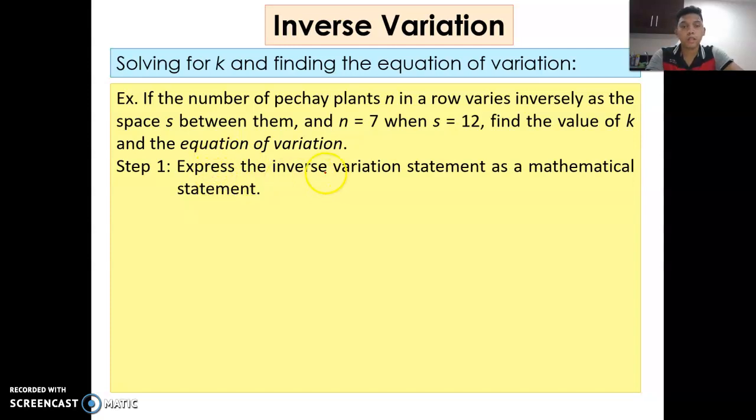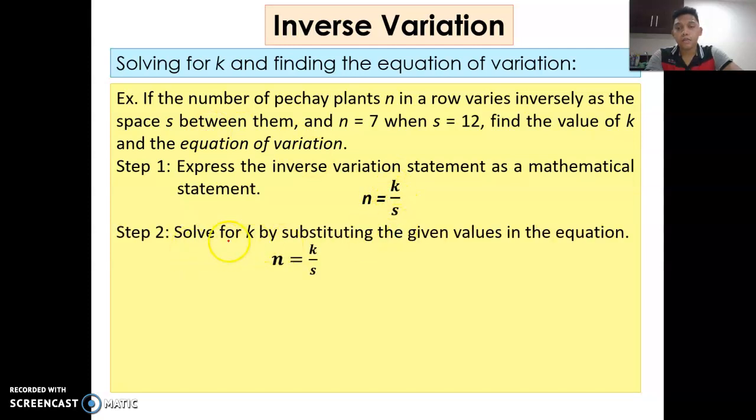Express the inverse variation statement as a mathematical equation. Since n is inversely proportional to space s, n is equal to k over s. And then solve for k by substituting the given values in the equation.